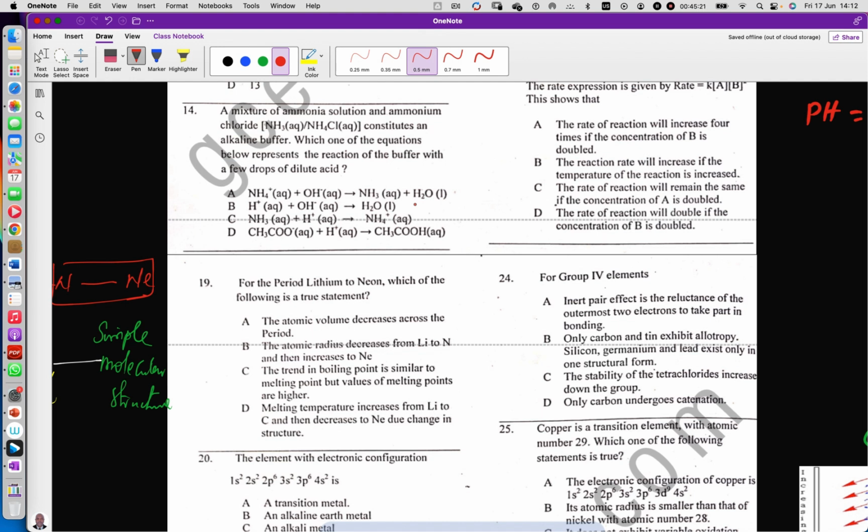Equation that represents the reaction of the buffer with dilute acid. If you look at equation D, you will see there ethanoate ion and hydrogen ion, and ethanoic acid.